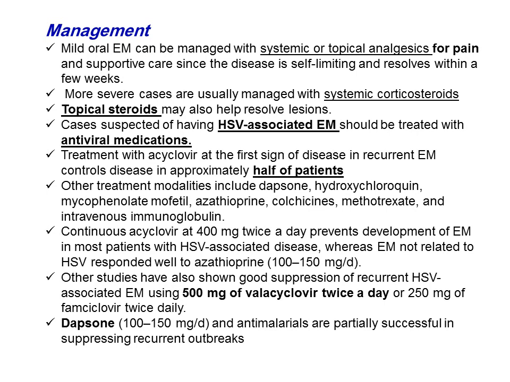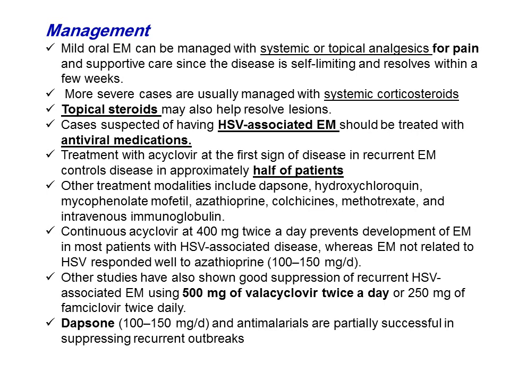Continuous acyclovir at 400 mg twice a day prevents development of erythema multiforme in patients with herpes simplex virus associated disease, whereas erythema multiforme not related to herpes simplex responds well to azathioprine 100 to 150 mg per day.